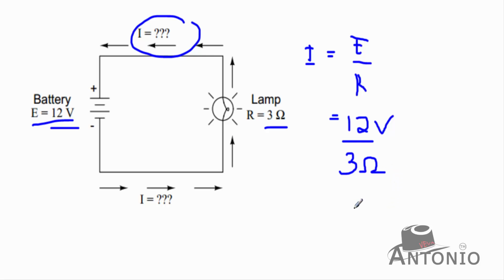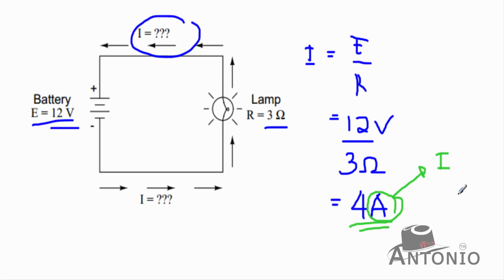This is basic mathematics: divide those values and we get 4 A. That is ampere, the unit abbreviation for I, current, which means ampere or amp.